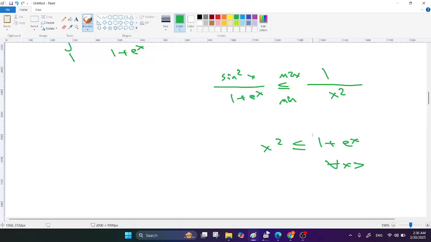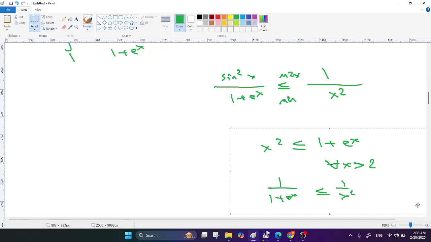How to decide this value? Use calculus 1, the first derivative test and these things. But here I am sure for what values? Let's see, for all x greater than 2, this inequality is true. So now divide, you get 1 over 1 plus e to x less than or equal to 1 over x squared, and you get that one above.